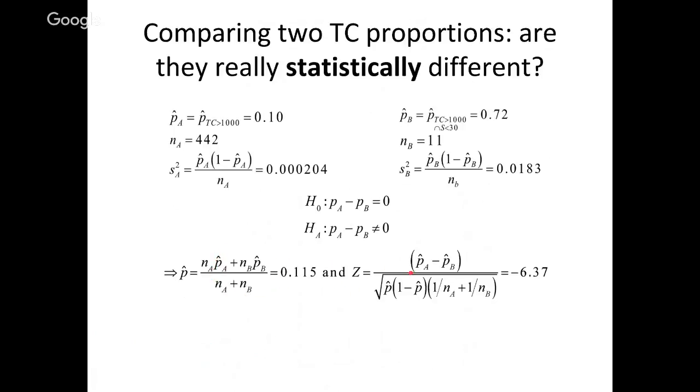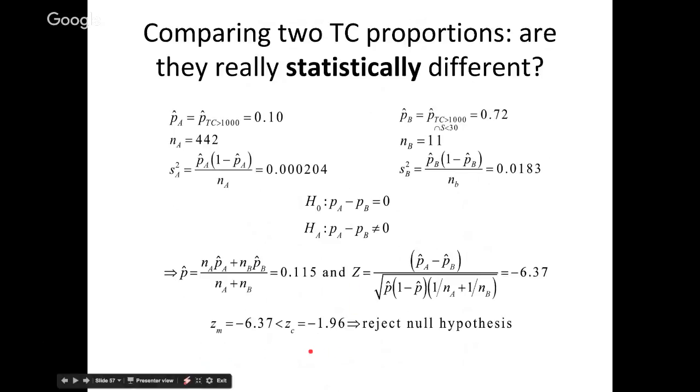We substitute it into that Z formula with also the PA and PB sample probabilities, and it works out to minus 6.37. And then, of course, we need to compare that to our critical value of ZC, which you may remember was minus 1.96 on the left if we assumed a two-tailed problem and also an alpha probability of type 1 error of 5%.